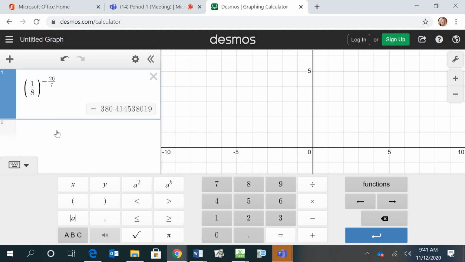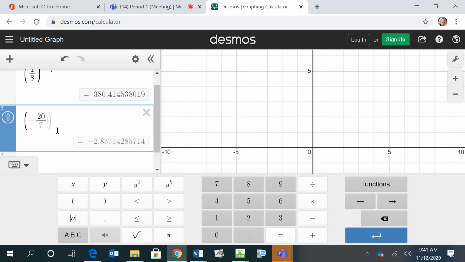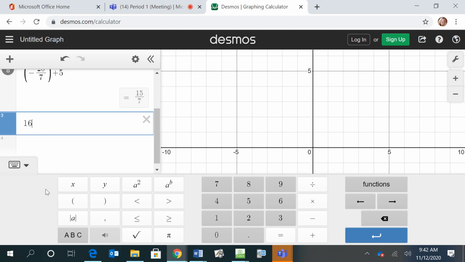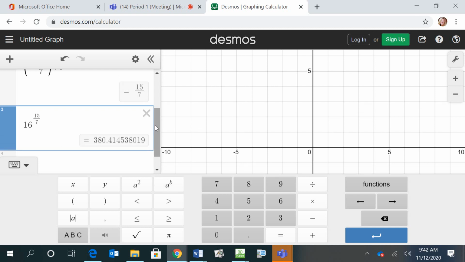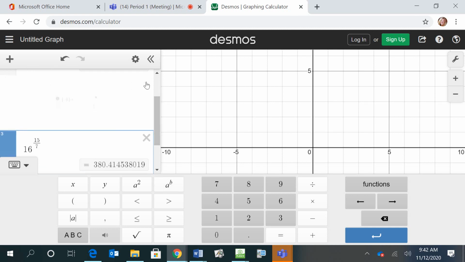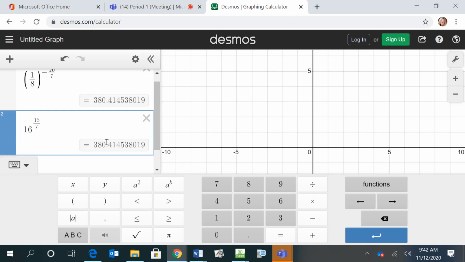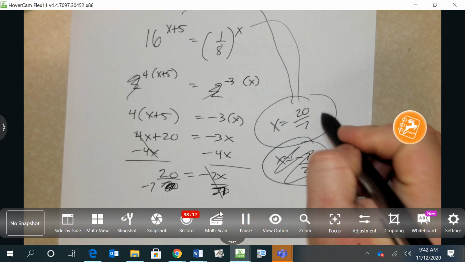And then I have -20 divided by 7 plus 5, and I need to take that and raise 16 to that. That's 15 divided by 7. I'm going to erase this, and now if I pull up, this is my right side, this is my left side. They are equal, which makes this the correct answer.